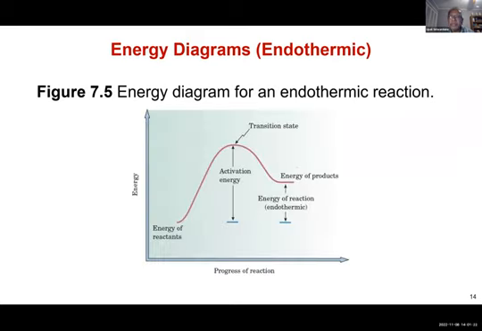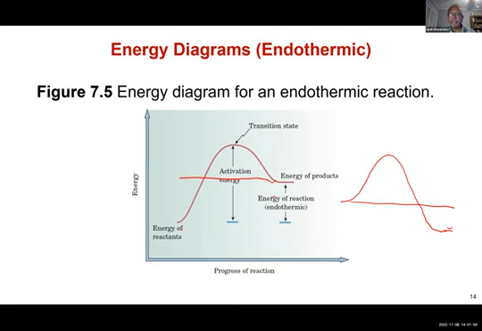So this is a generic diagram, but this is different than the previous one. Previous one, you had this. This is exothermic. In this case, the products have higher energy than reactants.